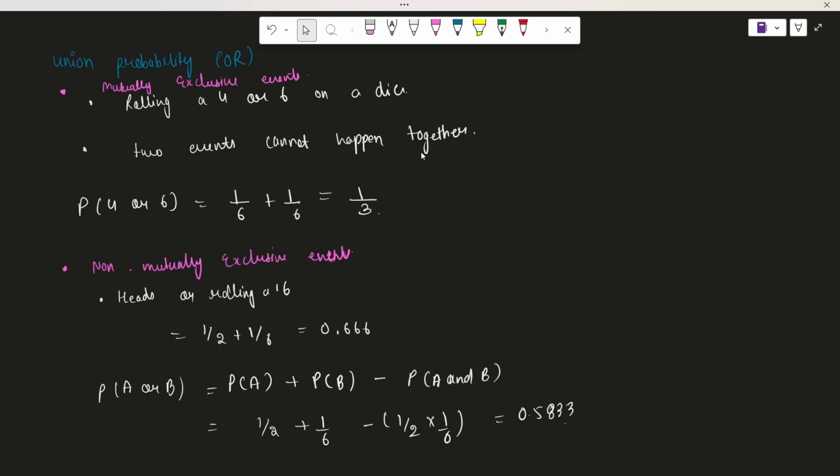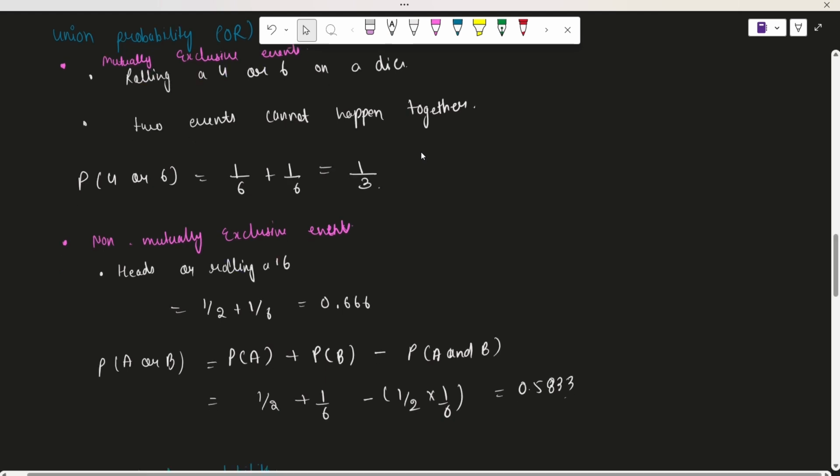In the example, we see the probability of 4 or probability of 6, and we add both probabilities to get the final answer. Then we have non-mutually exclusive events, like heads or rolling a 6. Here we can't use the same formula. We use a rule which says that to calculate probability of A or B, we take probability of A plus probability of B, and subtract the common probability, so we minus probability of A and B, and then we get the answer.